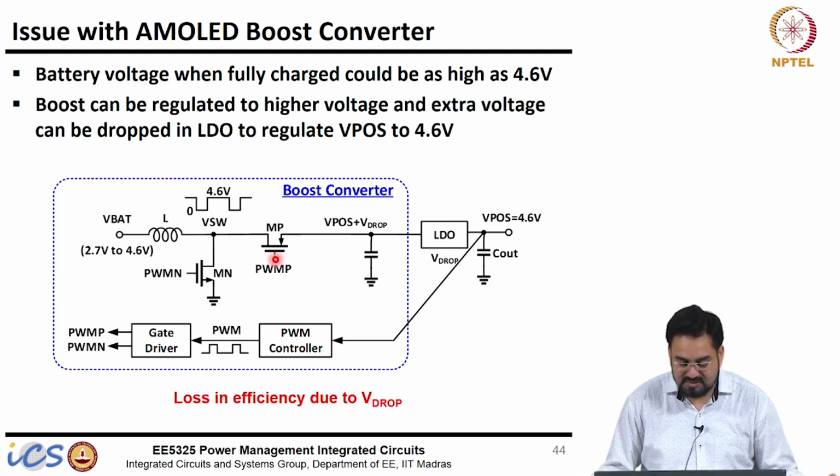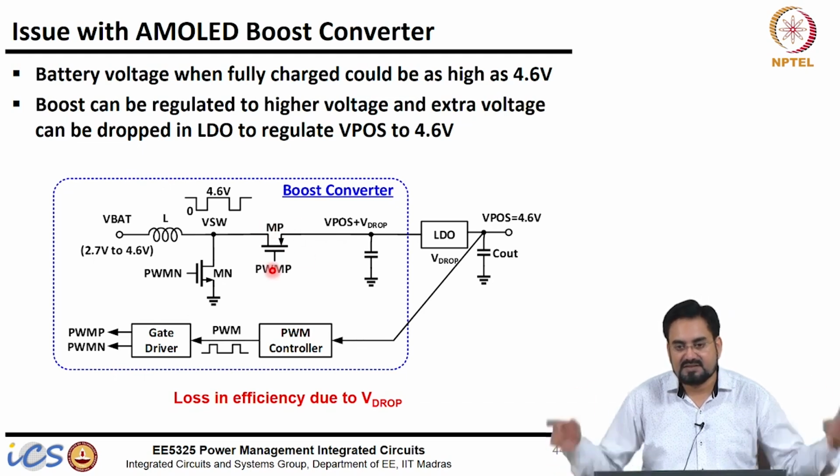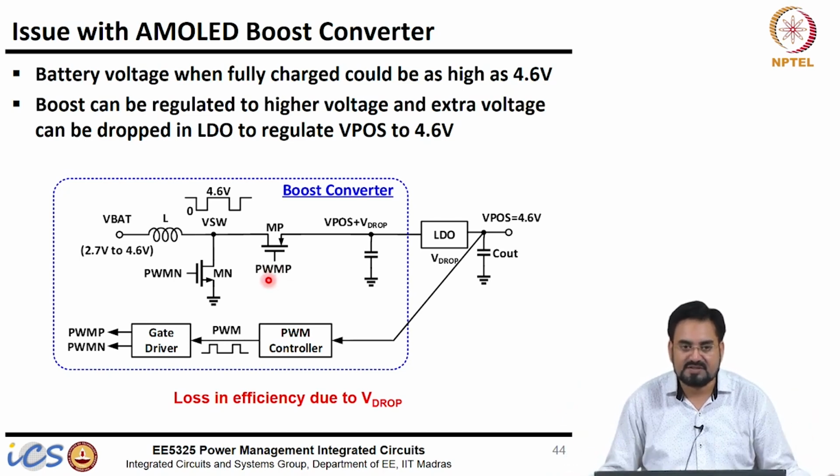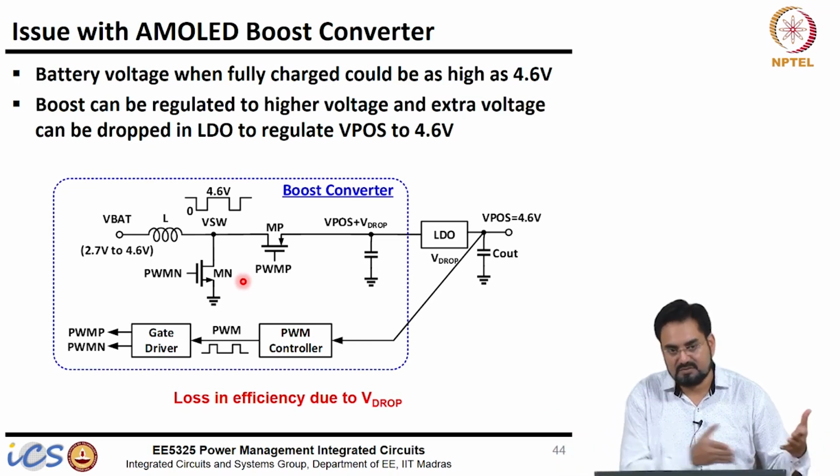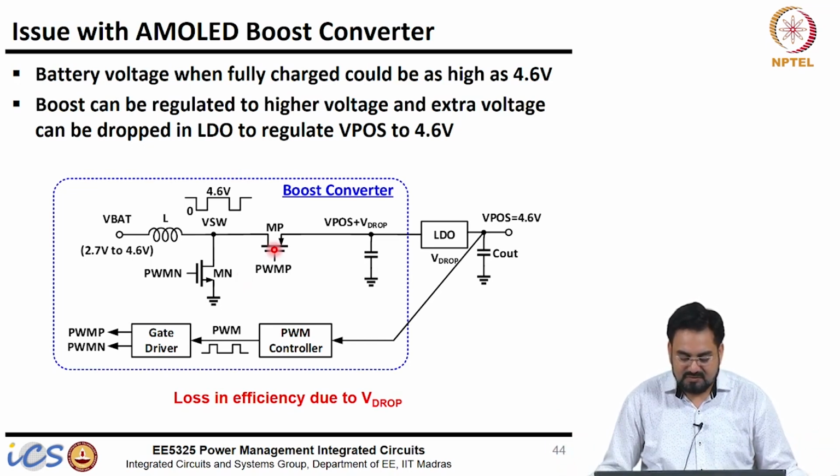There is one more technique. If this MOSFET MP is replaced with a diode, it becomes non-synchronous, correct? In non-synchronous mode the diode drop will be higher compared to the IR drop of this MOSFET, because its on-resistance is much smaller. So, when Vin is very high and we know it is going out of regulation, or your duty cycle is saturated near 0%, what you do is fully turn off this MOSFET and it will conduct through the body diode.